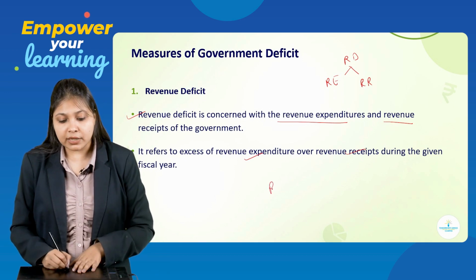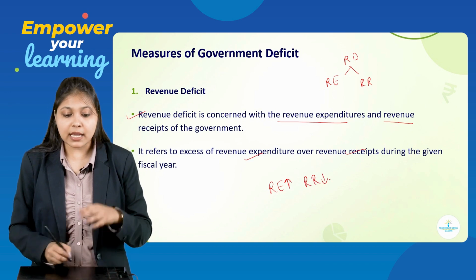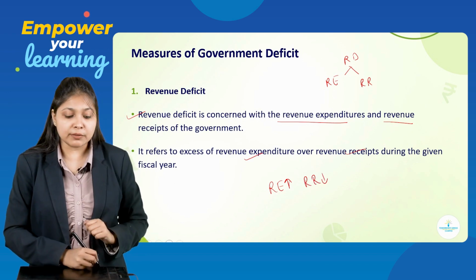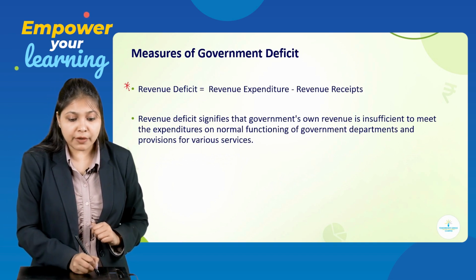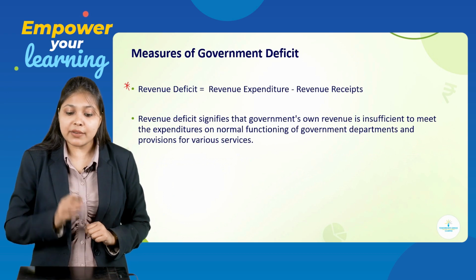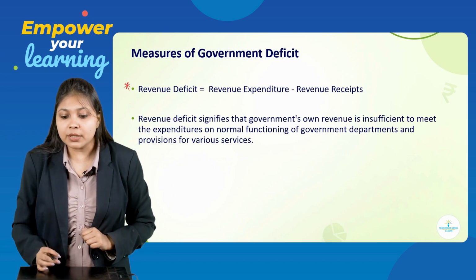When revenue expenditure is more than the revenue receipt, this kind of deficit situation of the government will be called a revenue deficit. So a very simple formula to find out revenue deficit is revenue expenditure minus revenue receipt.